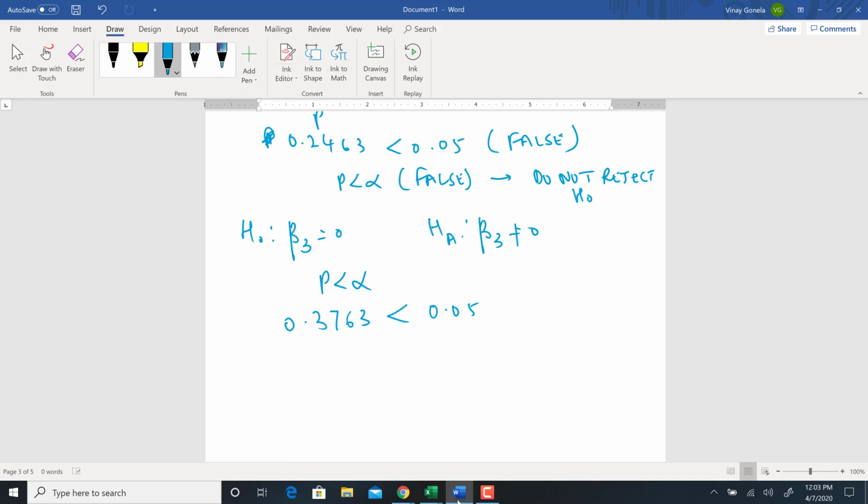Again, 0.37 is greater than 0.05, so this statement is false. So do not reject. This is again not an important factor. That means beta 3 is 0, so this is not a significant factor.